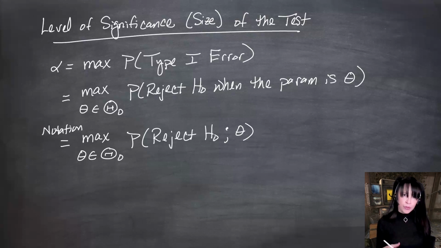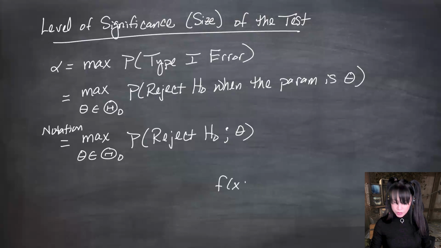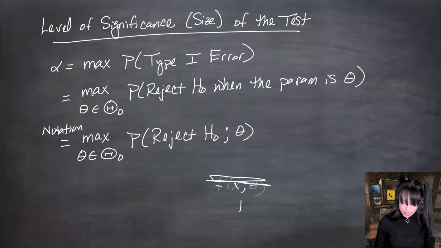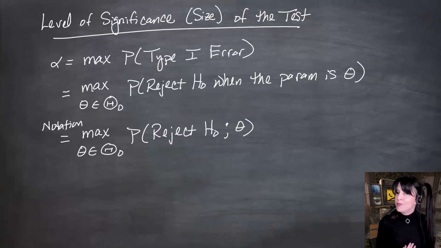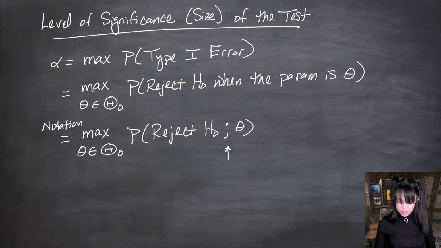You'll see some books use a vertical line instead of the semicolon. And I've told you what I thought about that in the past when we started using our notation for a PDF or a joint PDF. Some people use a vertical line there as well. But I think it looks like conditional probability, which looks like Bayesian statistics. If you want to use a vertical line here, go for it. I won't mark you off for that.